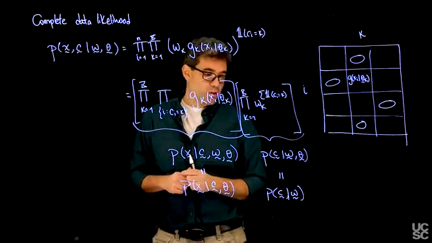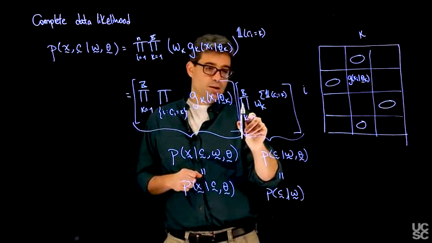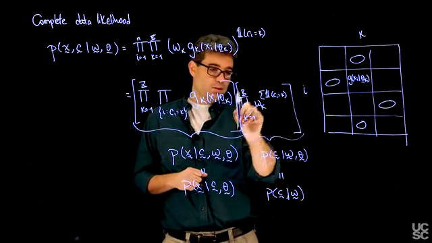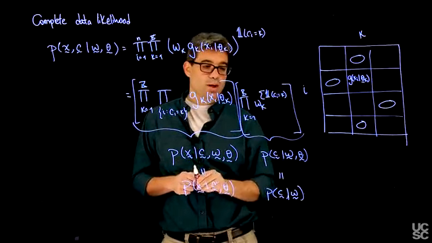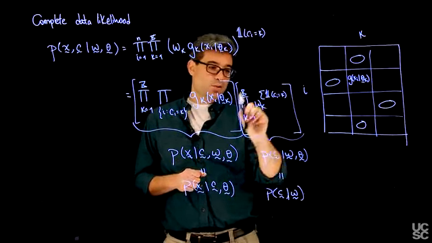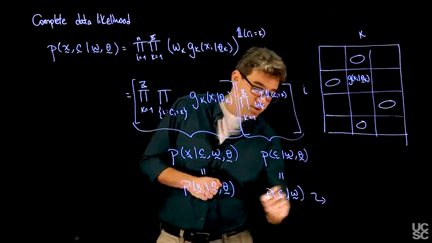One last observation that I want to make that will be useful in the future is that if you think about what is the form of this piece down here, the distribution of the indicators given the weights, what you have is a form that resembles the kernel of a multinomial distribution.